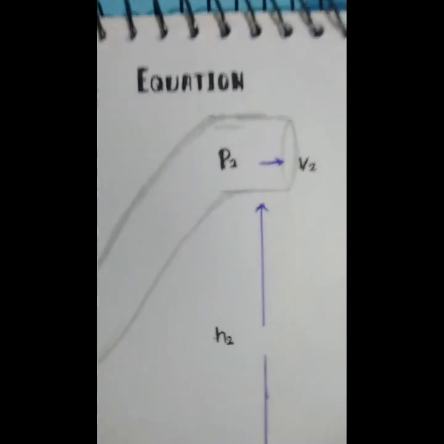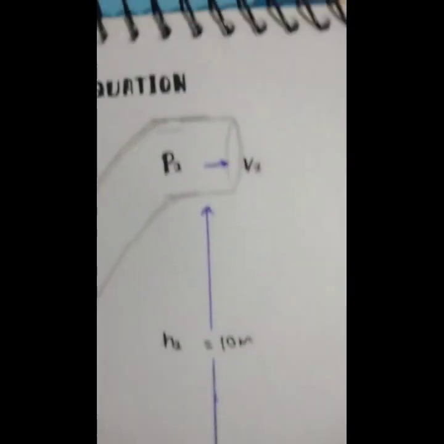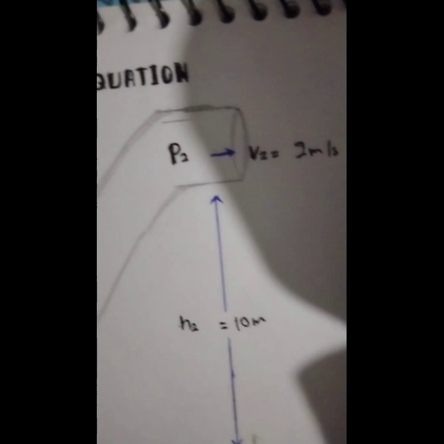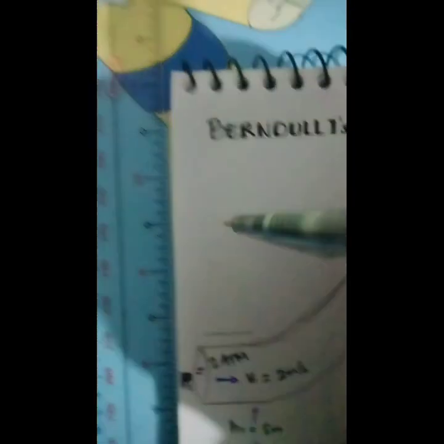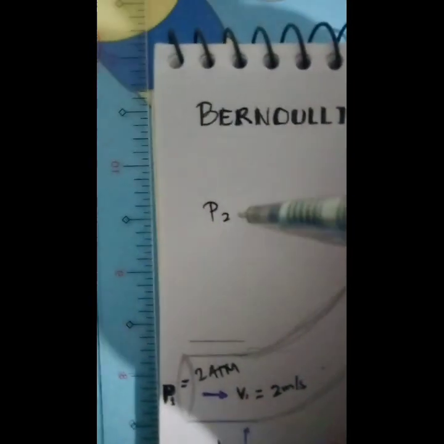Our height H2 is equal to 10 meters. Our V2 is 2 meters per second. So now, what we will look for is pressure 2.